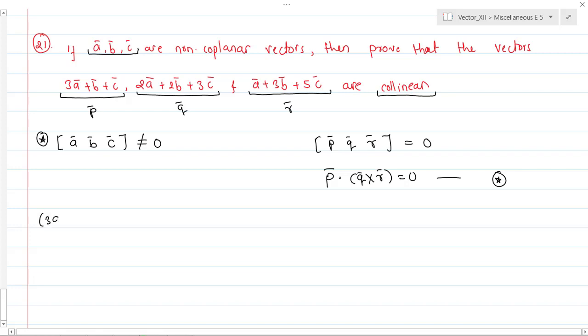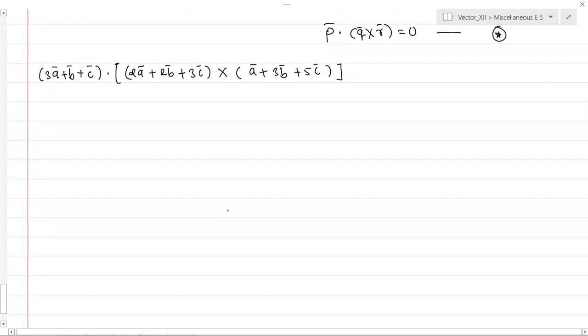So we have 3a bar plus b bar plus c bar dot 2a bar plus 2b bar plus 3c bar cross a bar plus 3b bar plus 5c bar, and the bracket closes. Now let's simplify. The first bracket will stay as it is, because we need it afterwards.